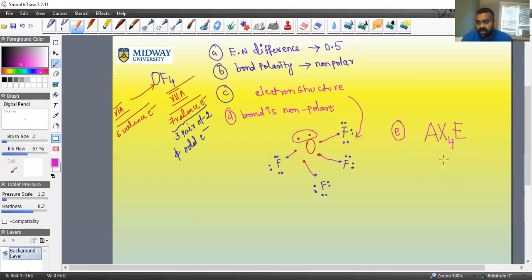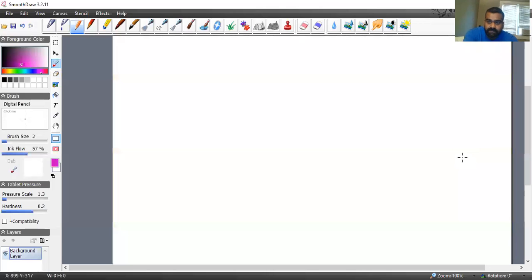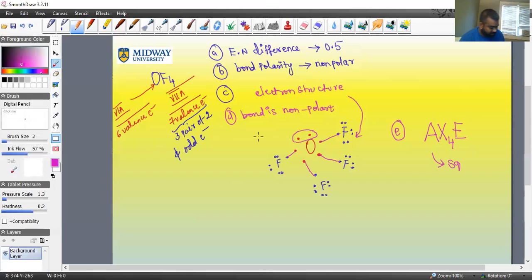Again, we're still in the electron geometry, so AX4E is trigonal bipyramidal, right?